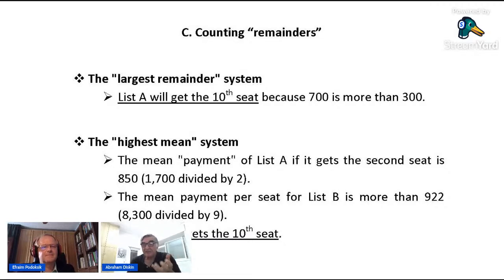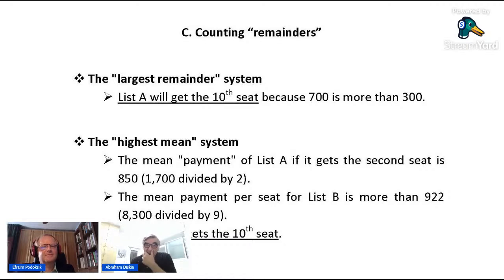And 700 is more than the remainder of the other party, which is 300. They had a quota for 8 seats, but altogether 8,300. So party A has the largest remainder between the two parties, and it will get the seat. Israel used that system until the early 1970s.